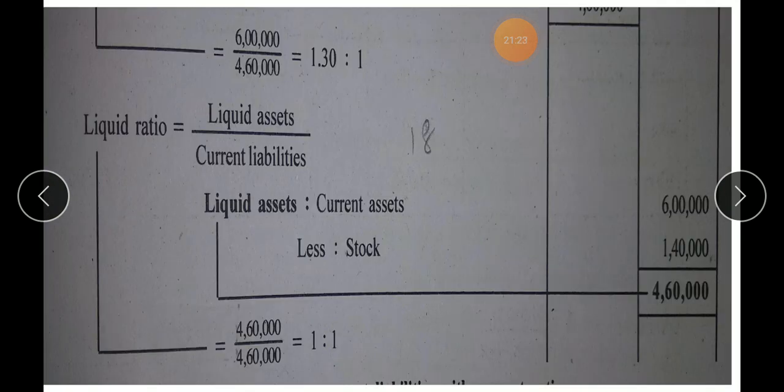Yes, 6 lakh upon 4,60,000 equals 1.30 is to 1. As the answer is to be presented in terms of proportion, this is the way you write down the answer. Alright? So here we have obtained the answer for current ratio.